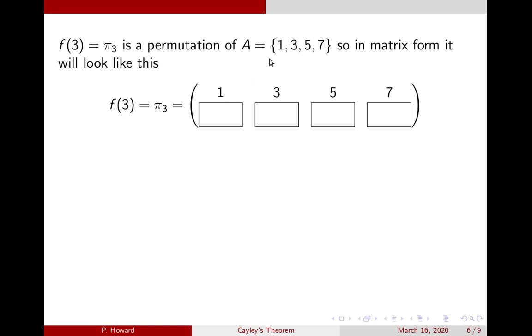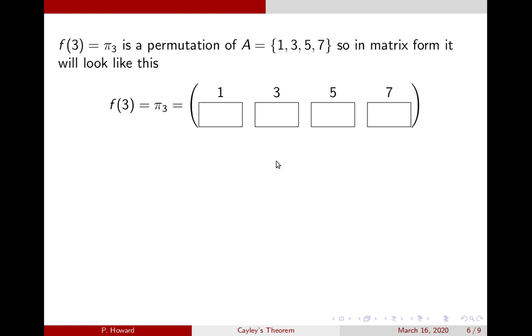If you write a permutation of A in matrix form, the elements of A, 1, 3, 5, and 7, will appear in the top row, and below each element of the top row will appear the outputs. Below 1 will be pi sub 3 of 1, below 3 will be pi sub 3 of 3, and so on.